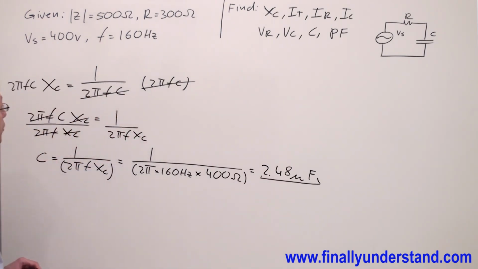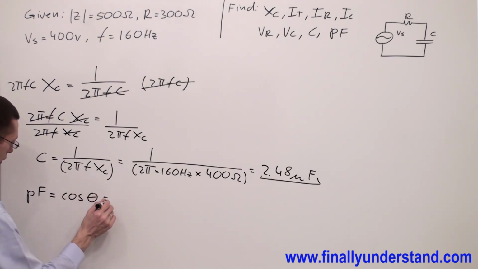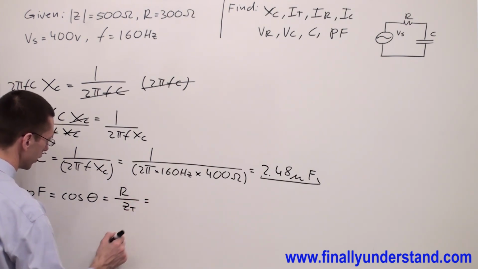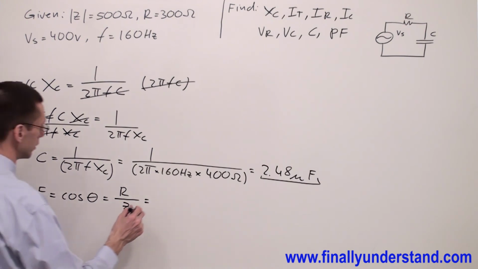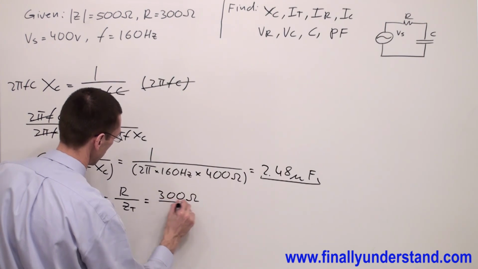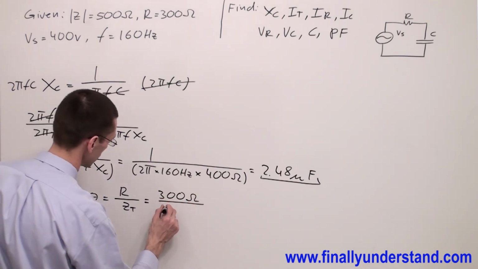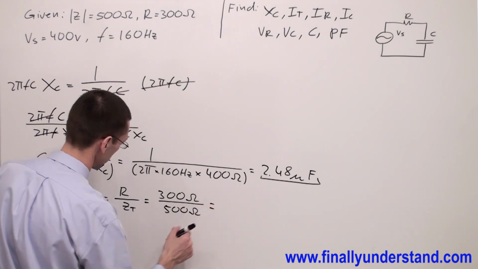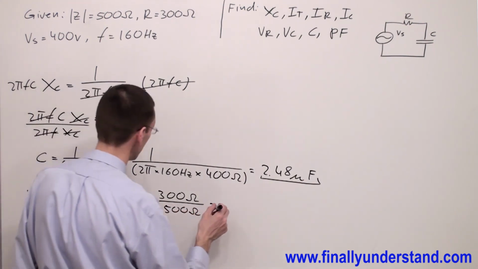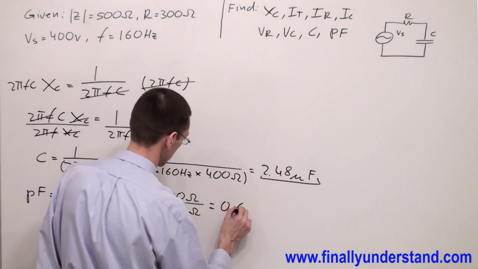Next, I'm supposed to find the power factor. We said that the power factor is equal to the cosine of angle theta, or R over Z total, where R is equal to 300 ohms and Z total is equal to 500 ohms. Okay, if you divide 300 by 500, you will get 0.6.